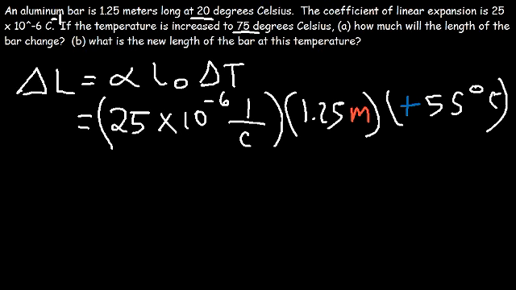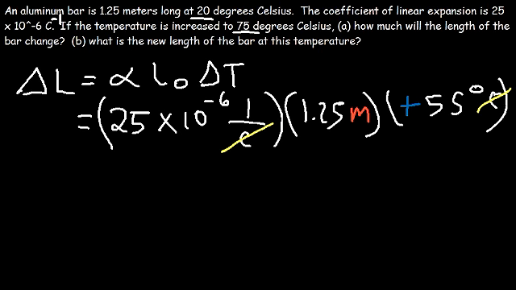So notice that the units Celsius cancel. Whatever unit L0 is in, that will be the unit for delta L. L0 could be in meters, centimeters, it doesn't matter. These two will have the same unit. So in this problem, since L0 is in meters, delta L will be in meters.